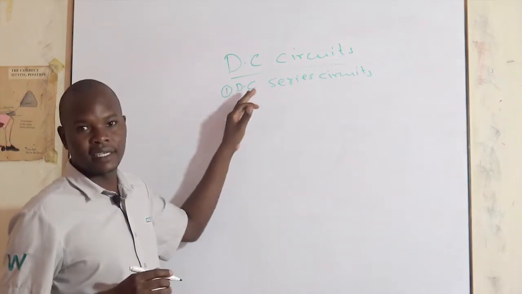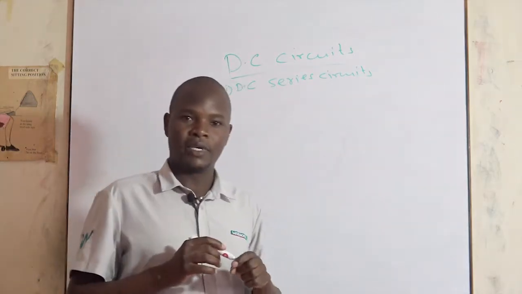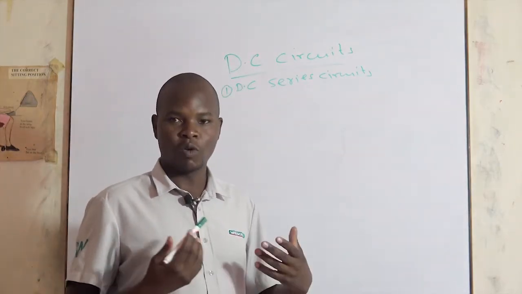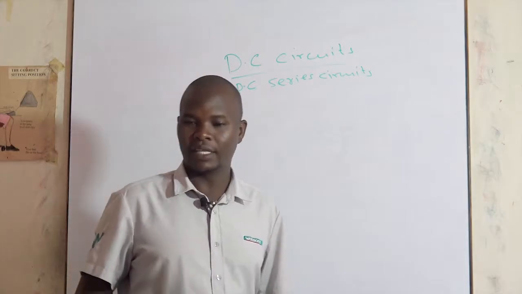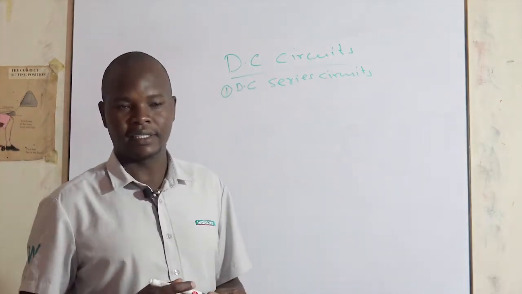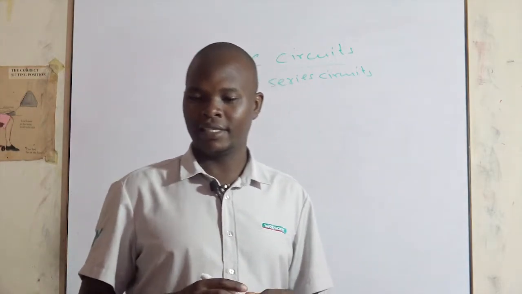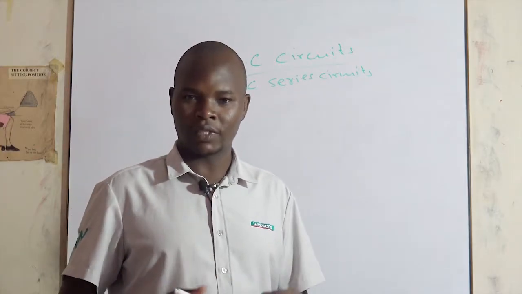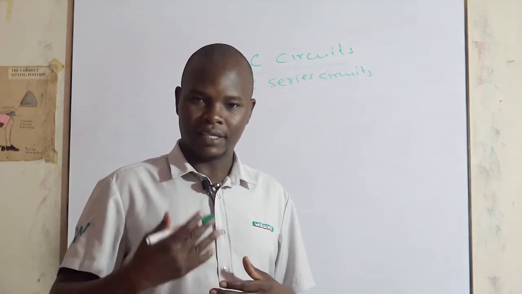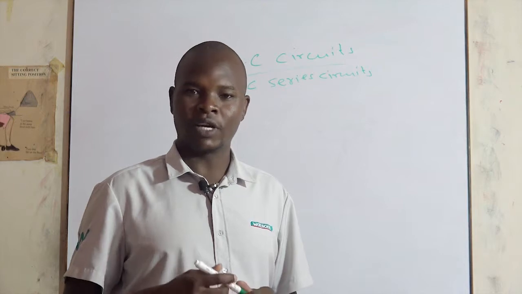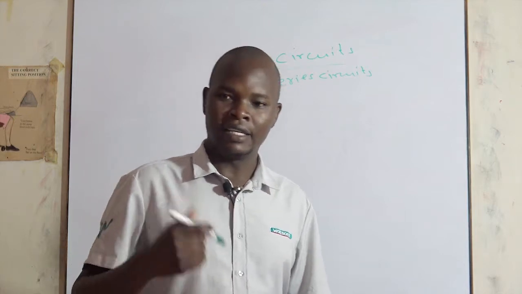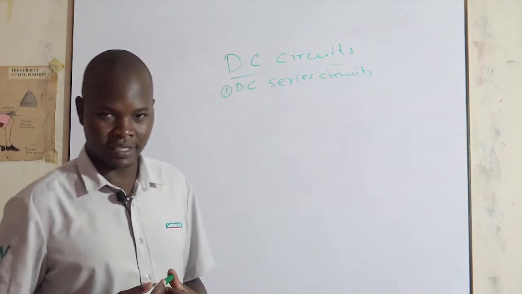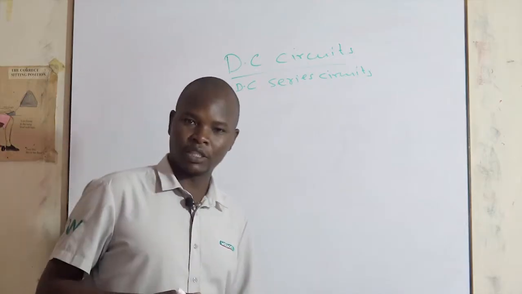Under these series circuits, we discussed Ohm's law, and we said that Ohm's law states that the current in a DC circuit, in an electrical circuit, is directly proportional to the applied voltage in the circuit and inversely proportional to the resistance to which it is being subjected.